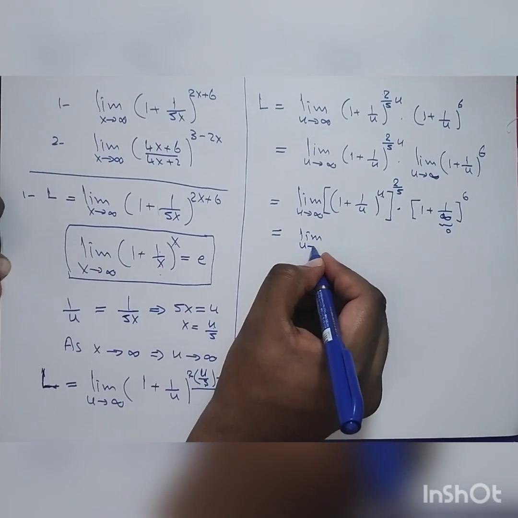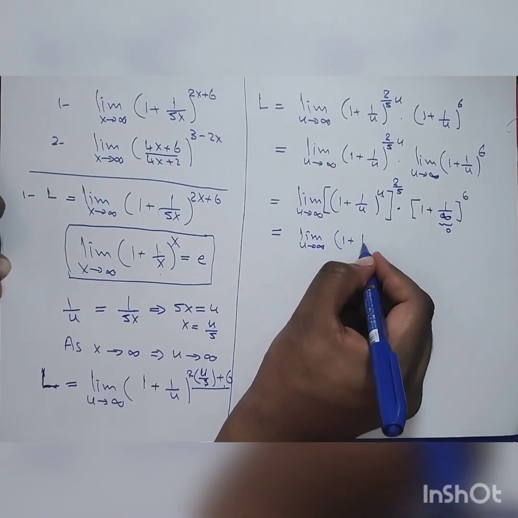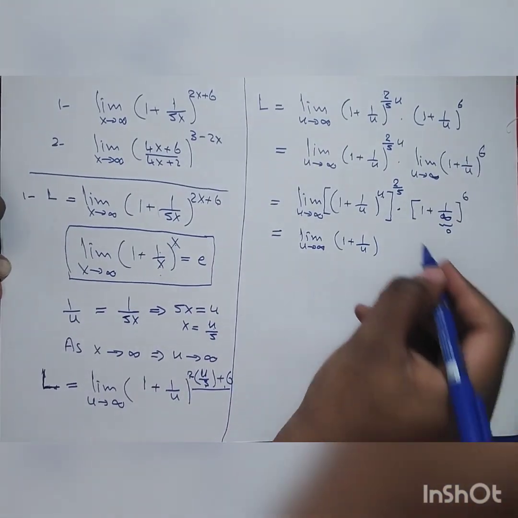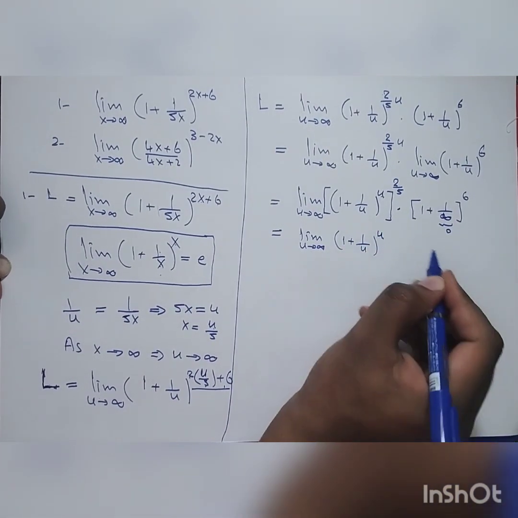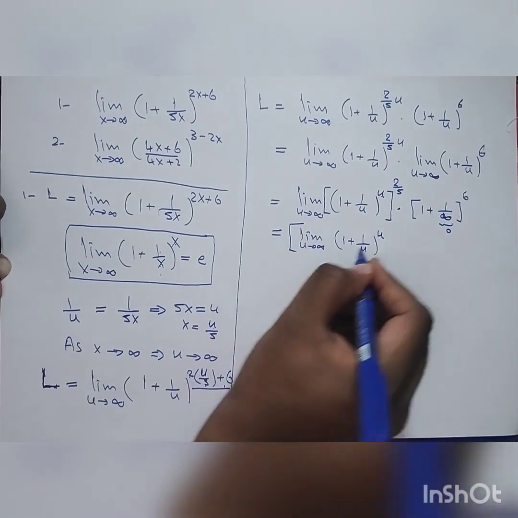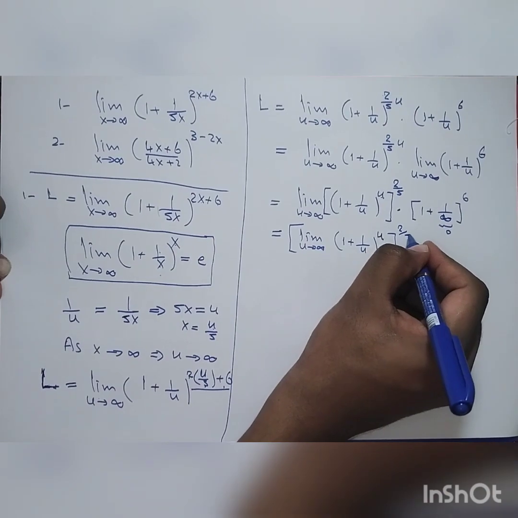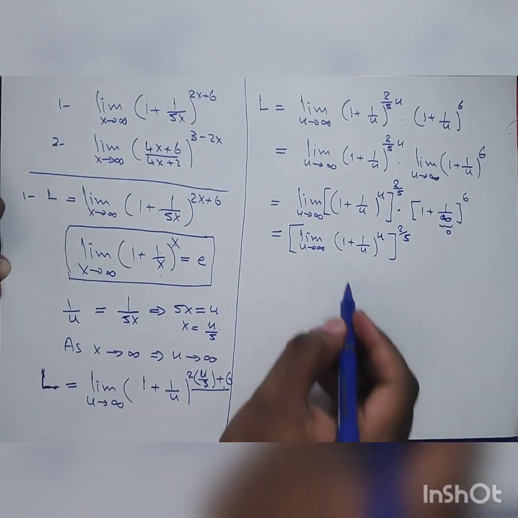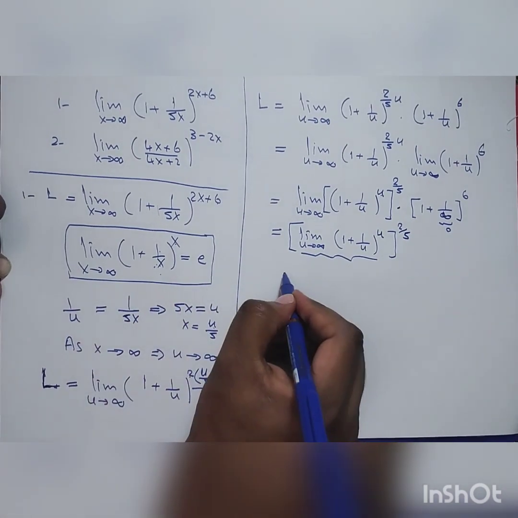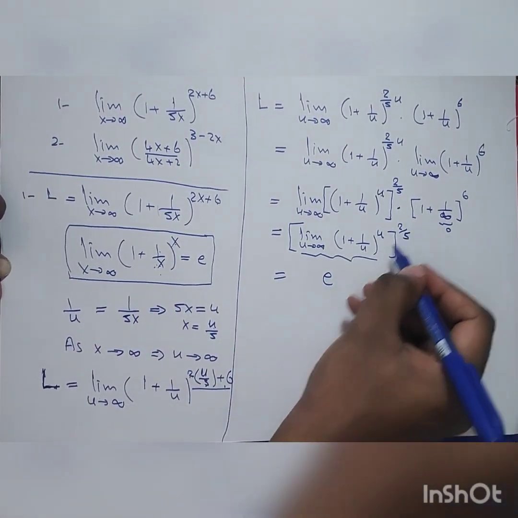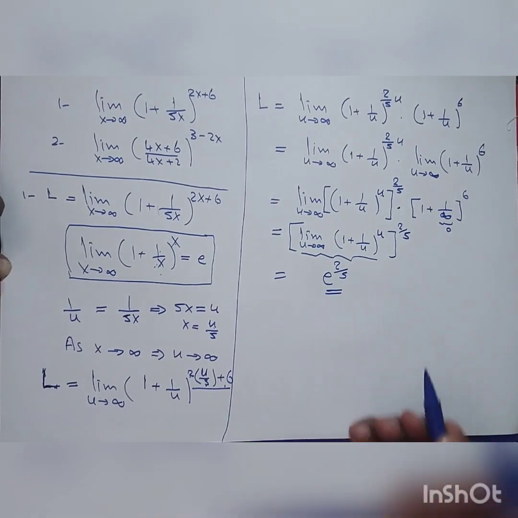So that means we have the limit as u approaches infinity of (1 + 1/u)^u, and everything will be to the power 2 divided by 5. Now we know this is already e, right? So that will be e to the power 2/5. That is the final answer for this one.